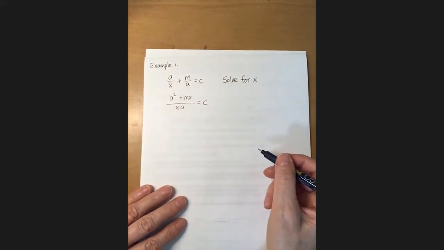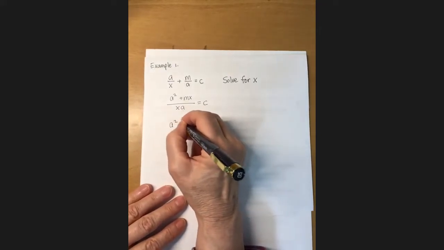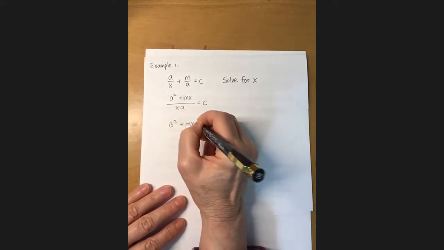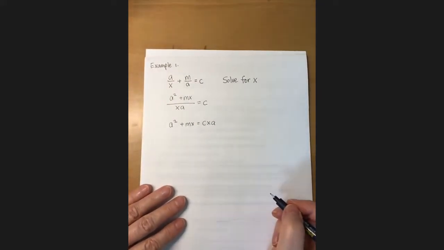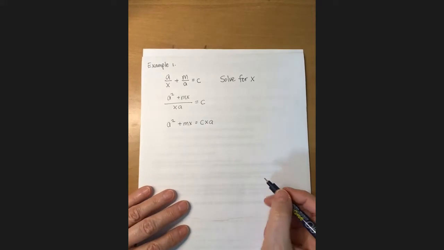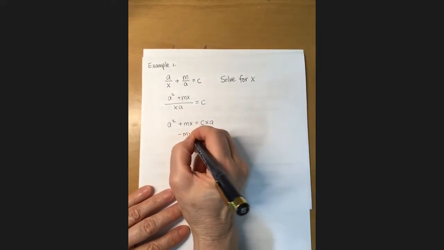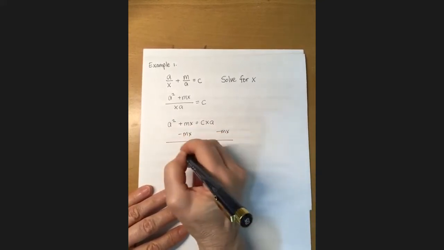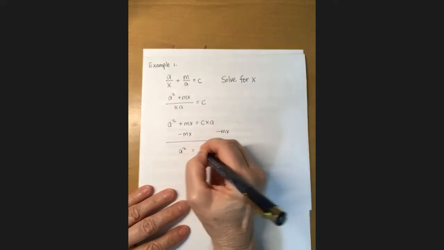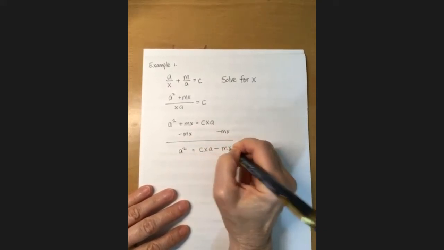I'm going to multiply both sides by xa, and that gives me a squared plus mx equals cxa. Now I'm solving for x, so I've got to get x on one side. So I'm going to subtract mx from both sides, and that's going to give me a squared equals cxa minus mx.